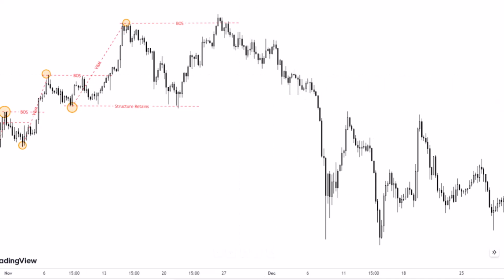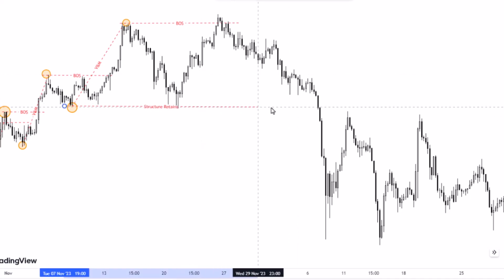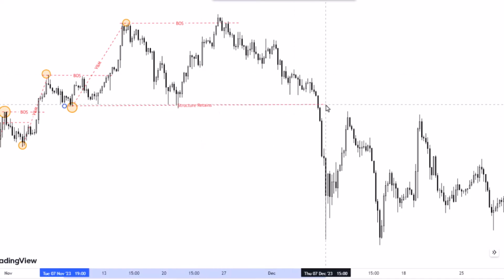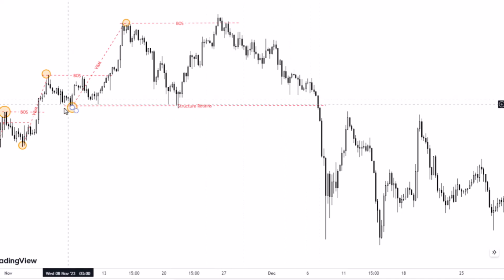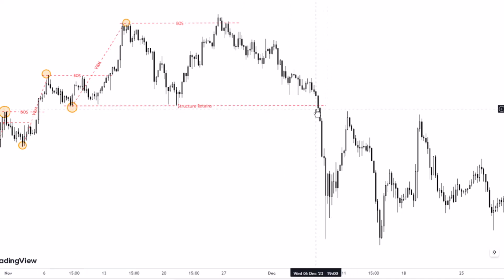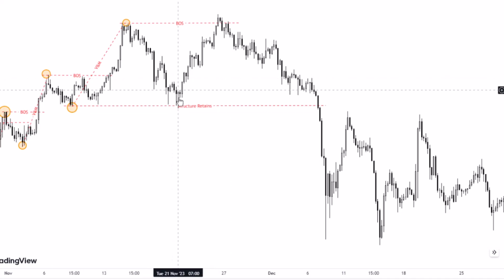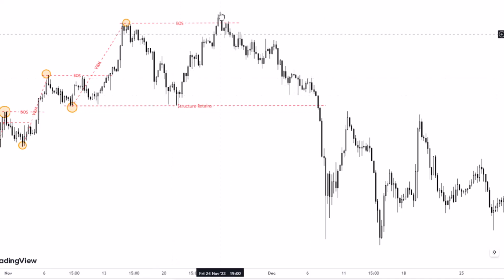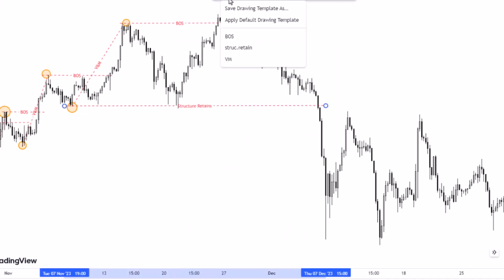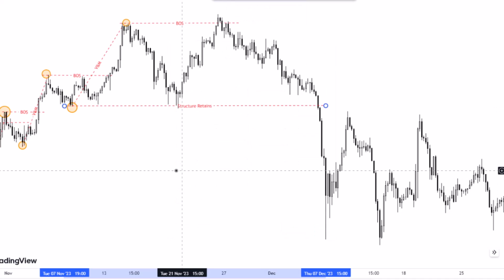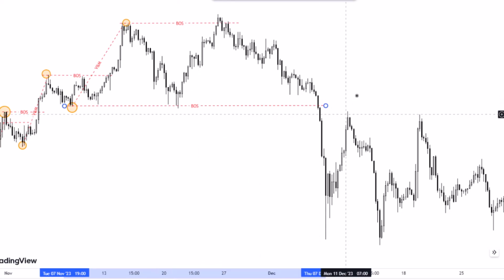At this point in time, let's extend this. Now you see the 4-hour candle which closes below our structure, then we can now say structure has been broken. For the first time it came, it retained and bounced up. So now at this point in time, we can say structure has been broken, a break of structure to the downside.